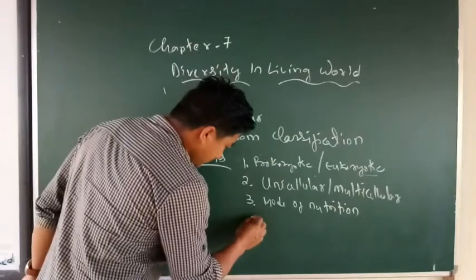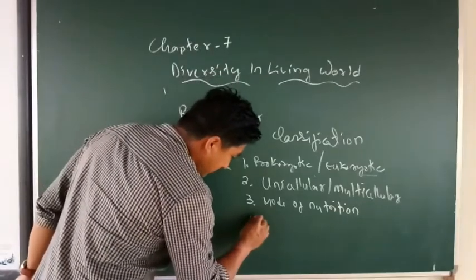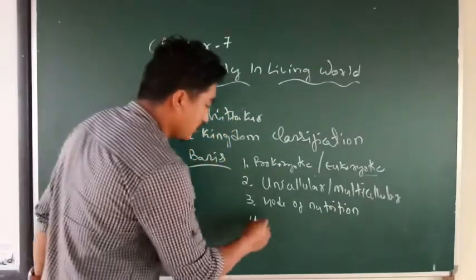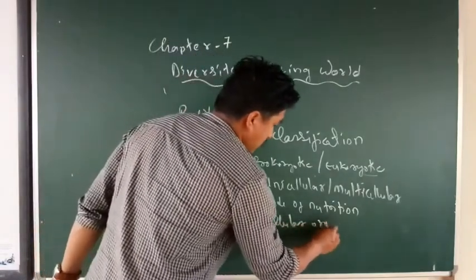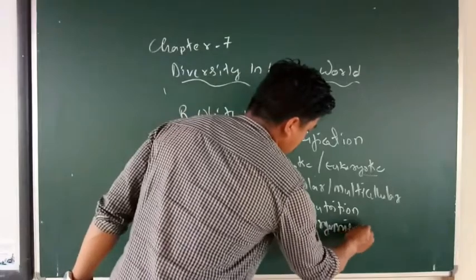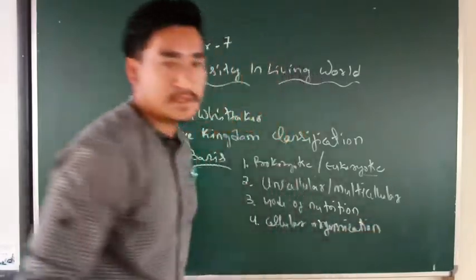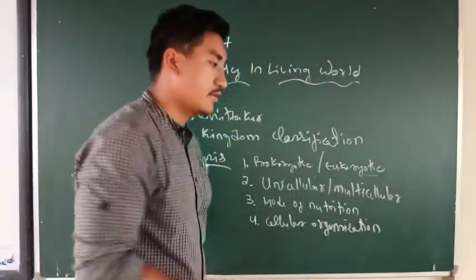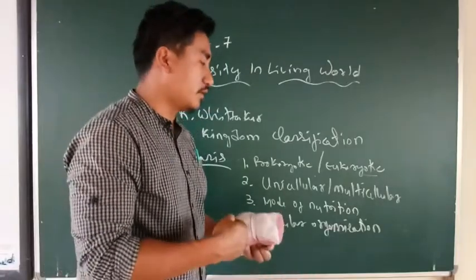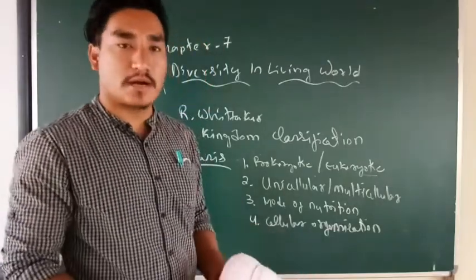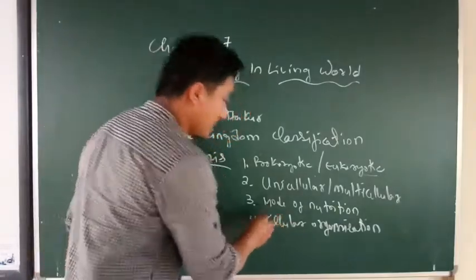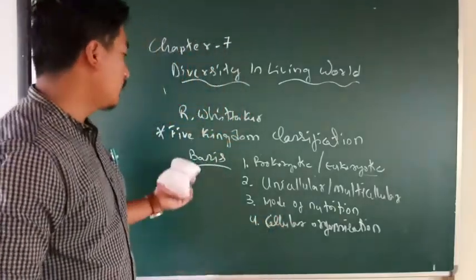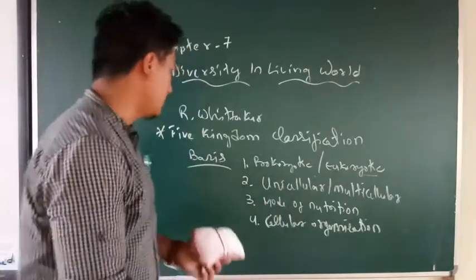Then the next basis of classification is their cellular organization, whether the cells which make up their body are complex or simple. That is the fourth basis of the five kingdom classification.